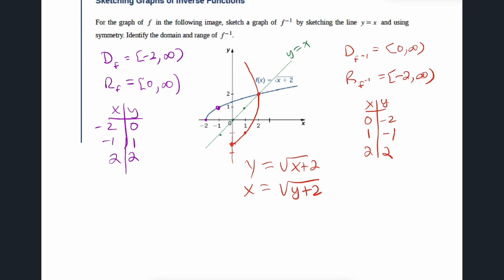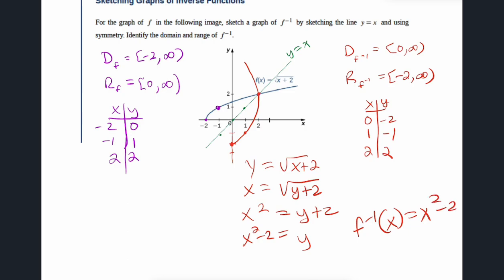Square both sides. How can I now get the y by itself? Subtract 2. Our inverse function is x squared minus 2.